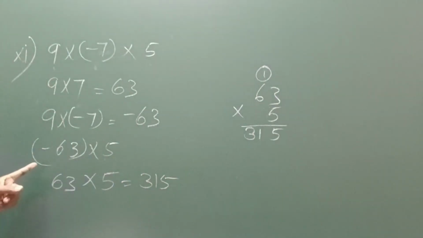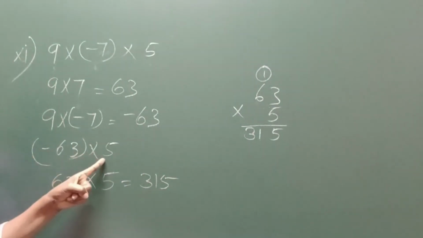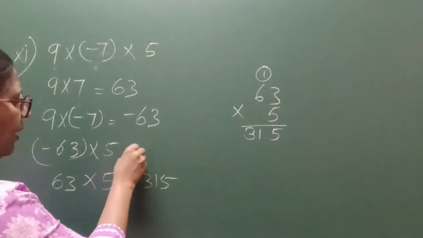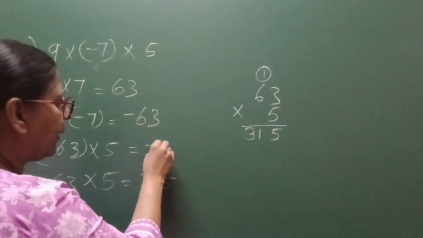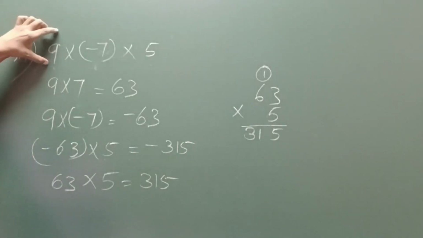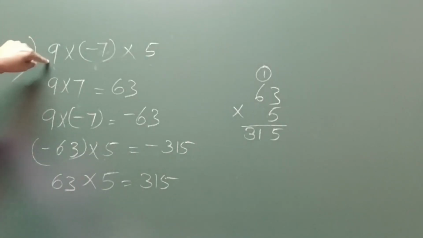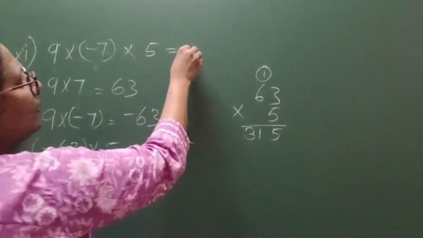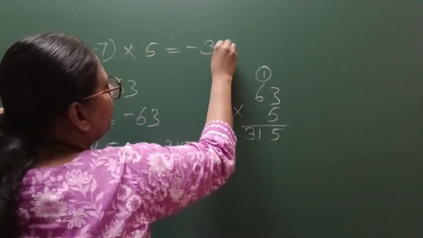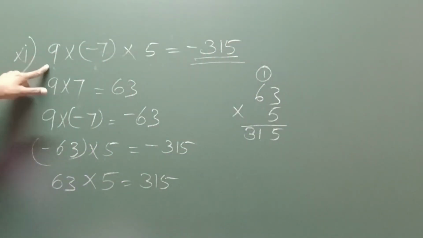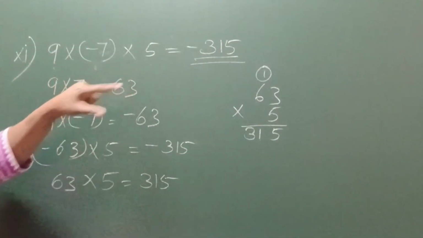But one is a negative integer and one is a positive integer, so the product will be a negative integer. So minus 63 into 5 is equal to minus 315. Now the main question 9 into minus 7 into 5 is equal to minus 315.